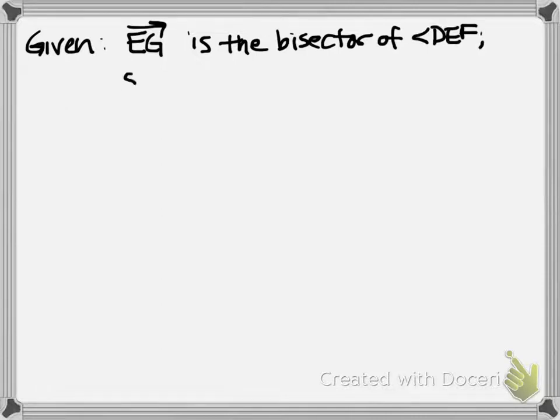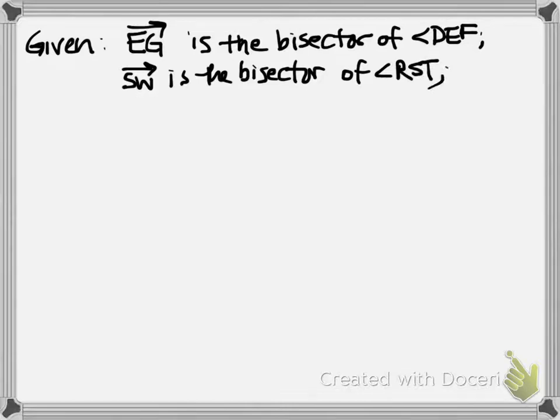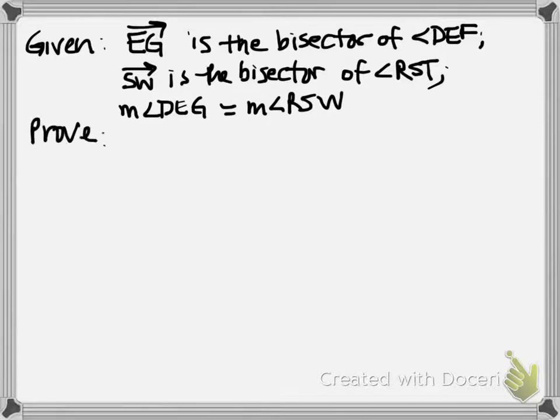We also have that ray SW is the bisector of angle RST. And I'm going to tell you that the measure of angle DEG is equal to the measure of angle RSW. And then we're going to prove that the measure of angle DEF equals the measure of angle RST.